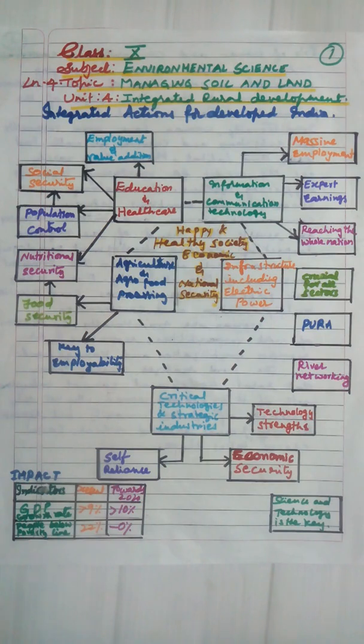Social security, employment, value addition, expert earnings, population control, education and healthcare, information and communication technology, nutritional security, food security, agriculture and agro-fruit processing, including education. These essential components are required to get agricultural and rural development moving.